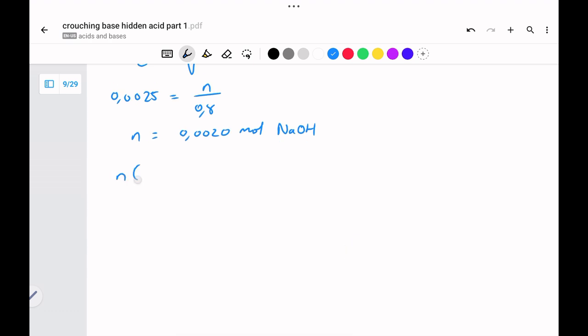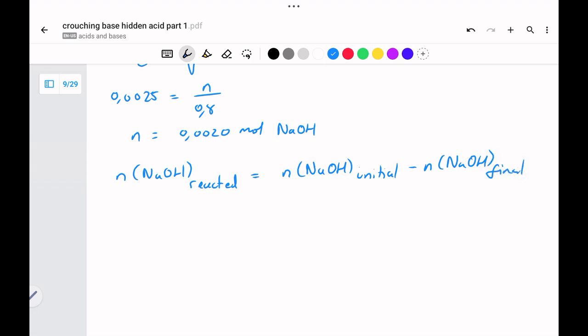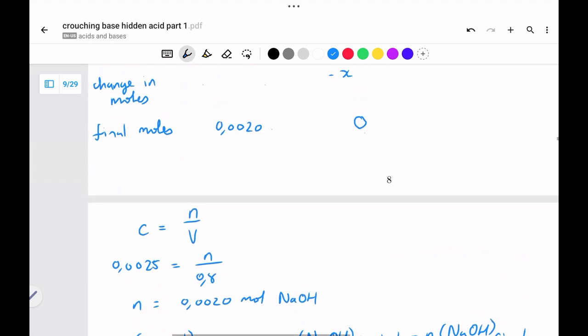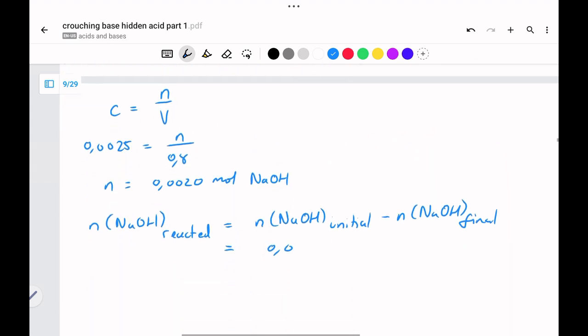The moles of sodium hydroxide that reacted is equal to the moles of sodium hydroxide that we had in the initial state minus the moles of sodium hydroxide that we had in the final state, and this was 0.0, I don't remember, 501.